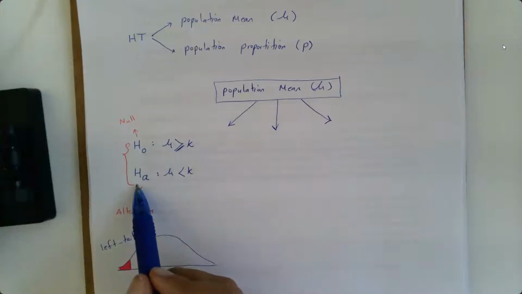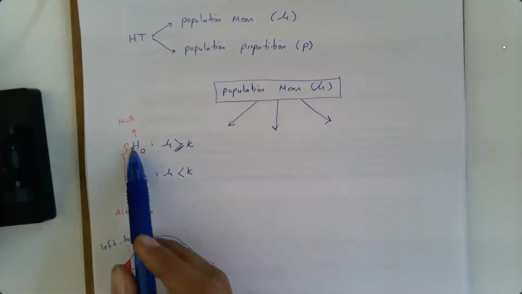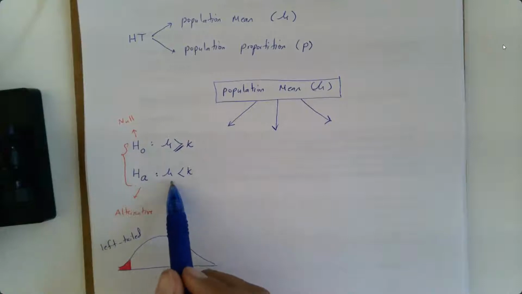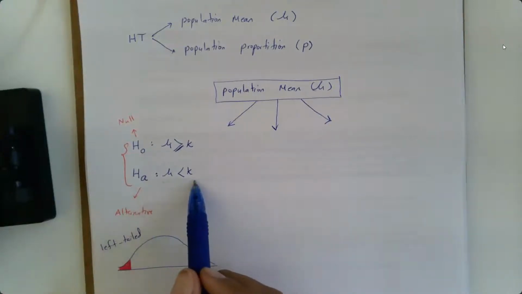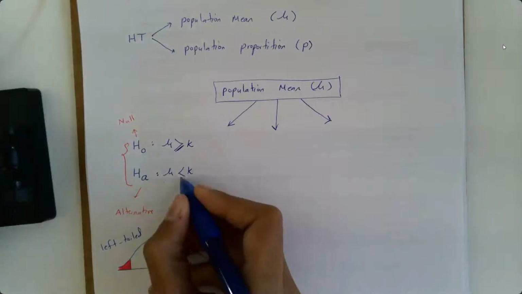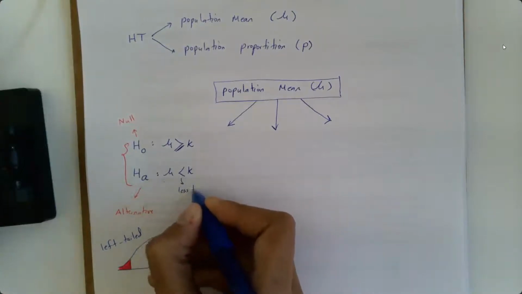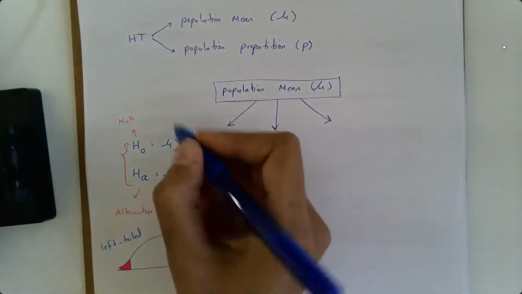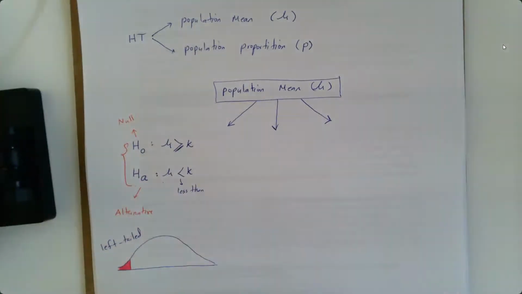The alternative hypothesis, which is the opposite of the null hypothesis, says the mean is less than k. So this is less than, smaller than, and this is larger than or equal to. And you get a left-tailed graph. We're going to use these graphs later on to reject or fail to reject the null hypothesis.